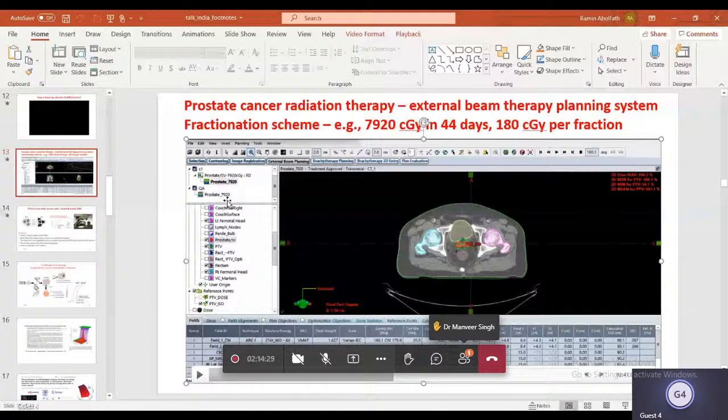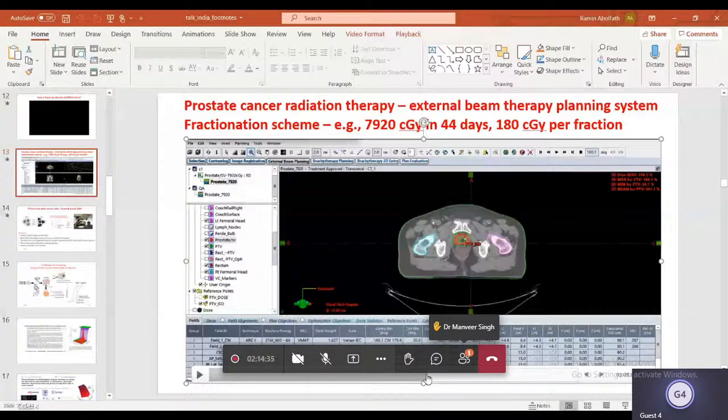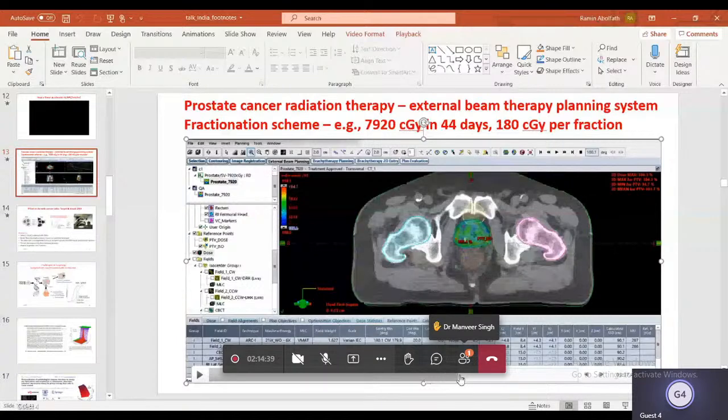That QA was created for this patient. This is photon, this is not proton, but the same concept applies to the proton. The only difference is the type of calculation, in which for the proton, MCNP or any Monte Carlo package can be used to calculate the dose.